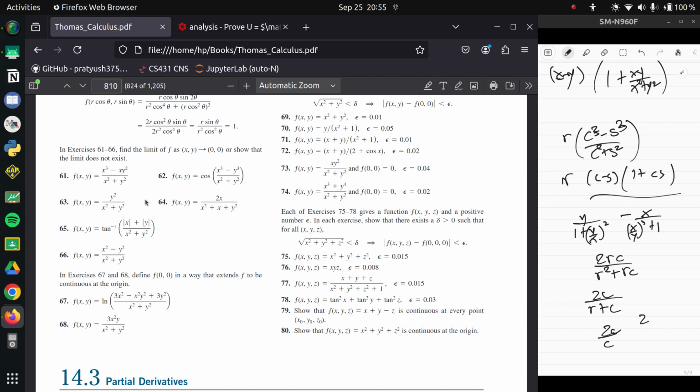Oh, it does approach that actually, because x square and y square will be negligible compared to the rest. It's approaching 0, and y square by x might be approaching anything, in fact. Yeah, hey, that doesn't make sense. Why would it actually approach that?